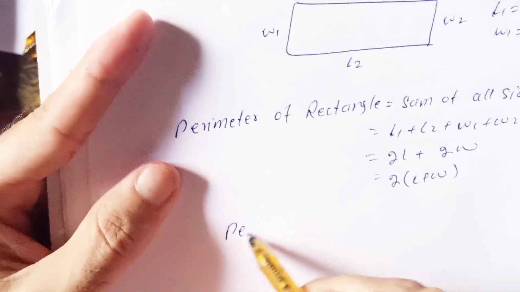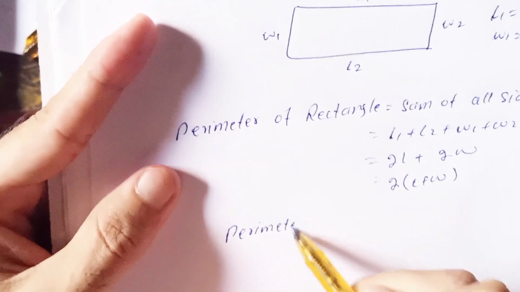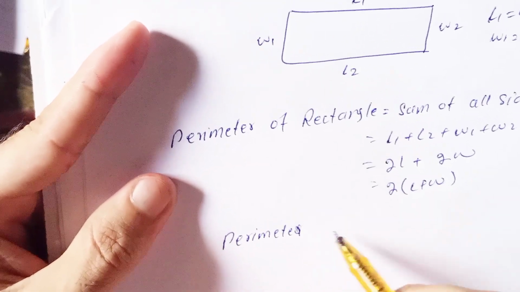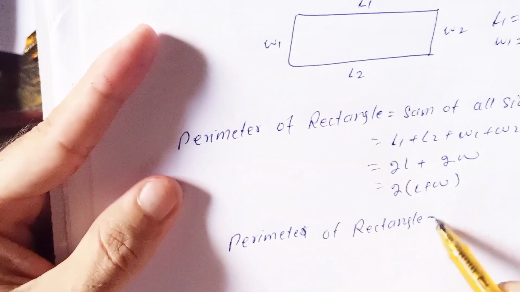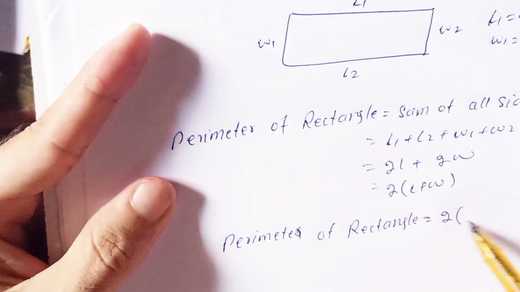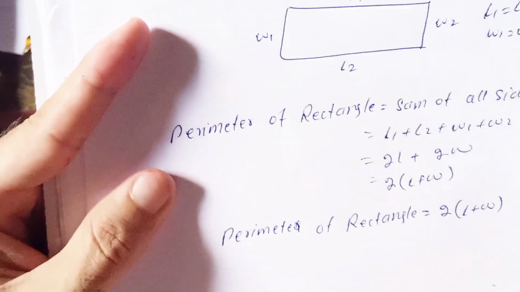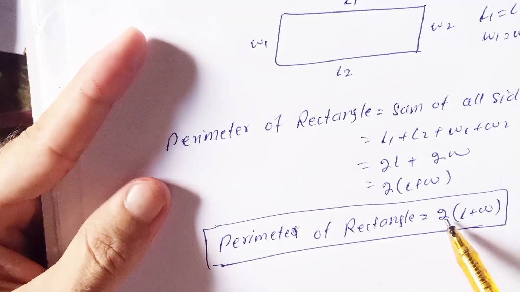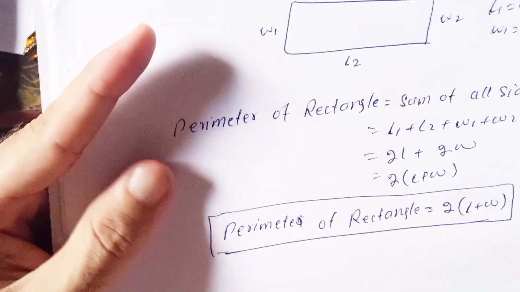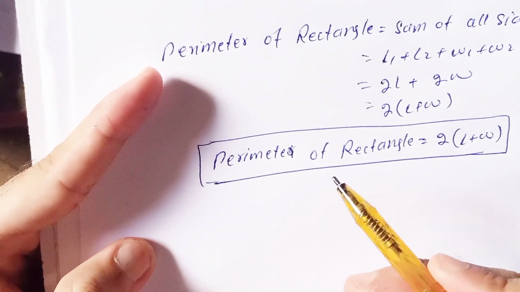So perimeter of rectangle is equal to 2 and 2 length plus width. So this is the formula for the perimeter of rectangle, which is equal to 2 and 2 length plus width. Now we are going to calculate the formula for the area of the rectangle.